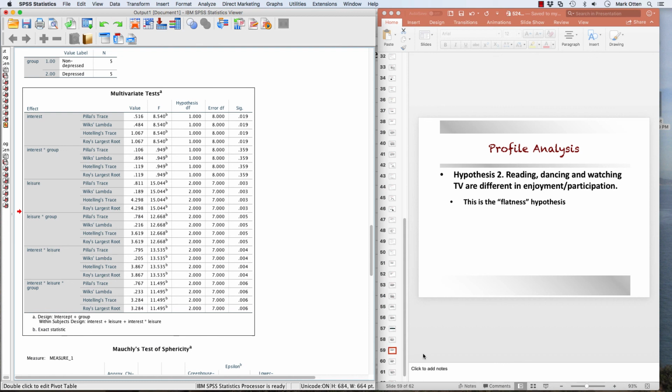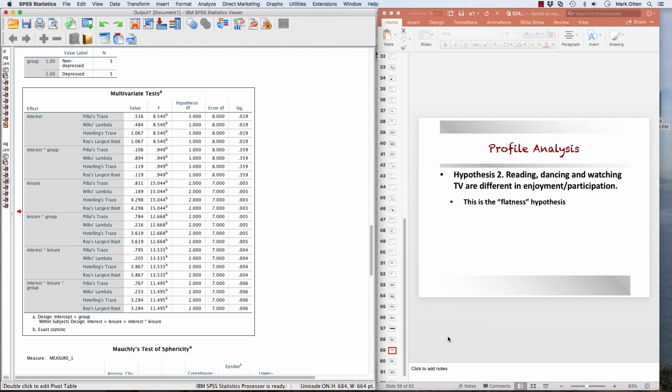So we could follow up. In real life, you would skip the follow-up for that first hypothesis, right? Because the null hypothesis was not rejected. But now that the null hypothesis is rejected for hypothesis 2, you would follow up with a profile analysis. In your homework, I'm asking you to follow up regardless, just for practice with those follow-up profile analyses.